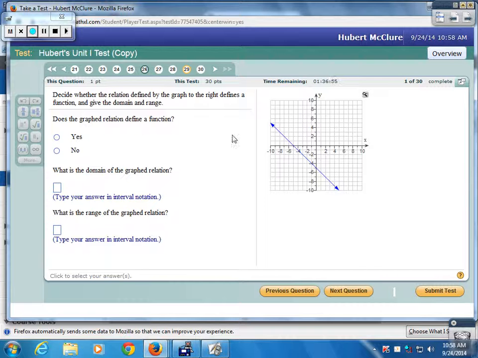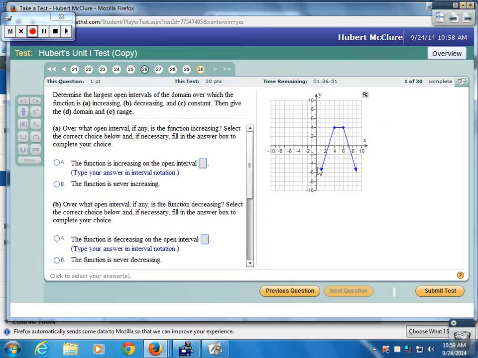Is this a function? That's a gimme question. And another piecewise. So I think that's pretty decent. It could be worse, couldn't it?